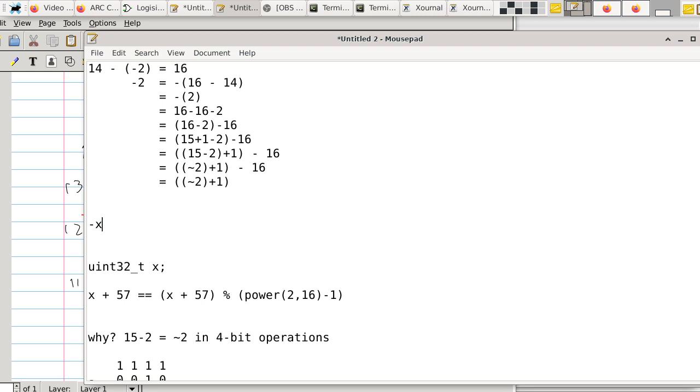If you want to find out the binary representation of the arithmetic negation of x, it really is the same thing as bitwise not of x plus 1, which is called 2's complement. That is why it works. So I just explained the math behind the scenes of why 2's complement works.